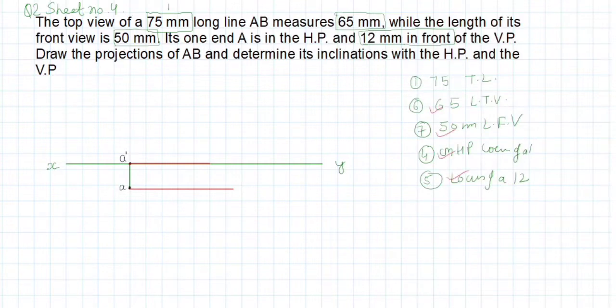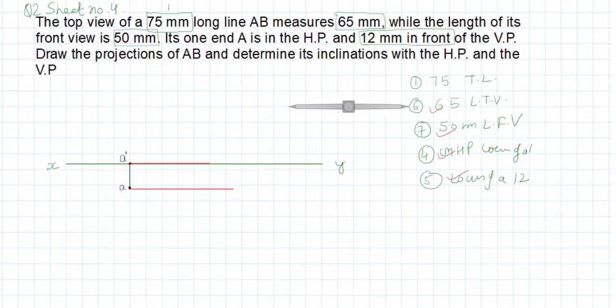Now we have the true length of the line as 75. Keeping in mind the first lecture of sheet 4, we will use the compass and measure 75 on it. This is 75. Then we will project this point.